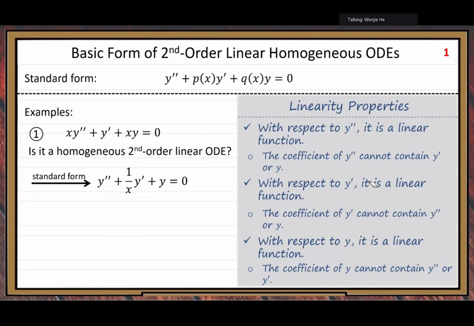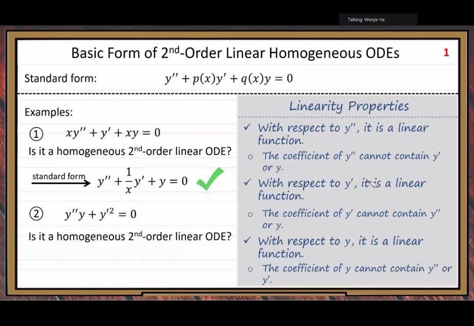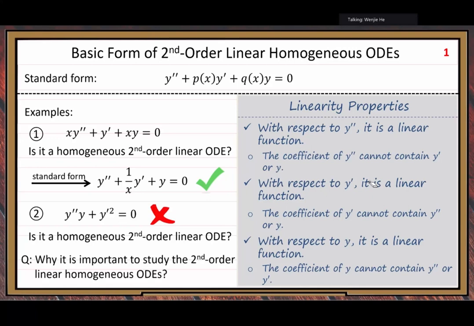But the second one, we can see the coefficient of y double prime contains a y, and here there is a square. So it's not a second order linear ODE. Very easy, so you can tell.